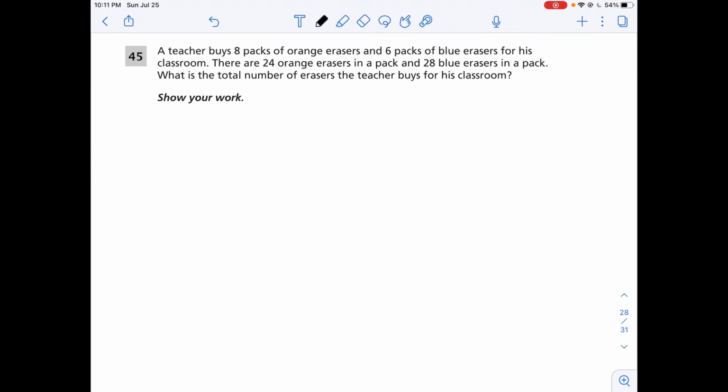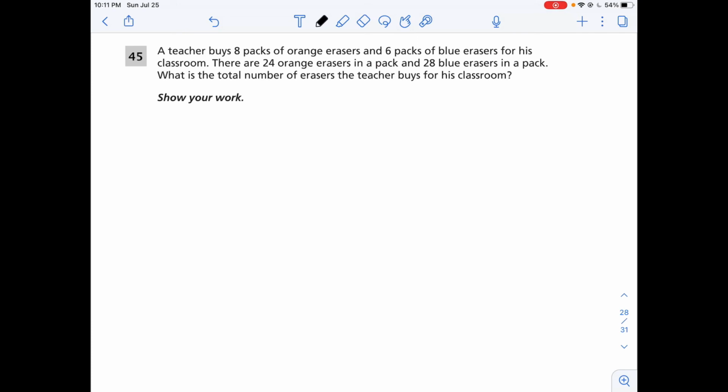Okay, question 45. A teacher buys 8 packs of orange erasers and 6 packs of blue erasers for his classroom. There are 24 orange erasers in a pack and 28 blue erasers in a pack. What is the total number of erasers the teacher buys for his classroom?